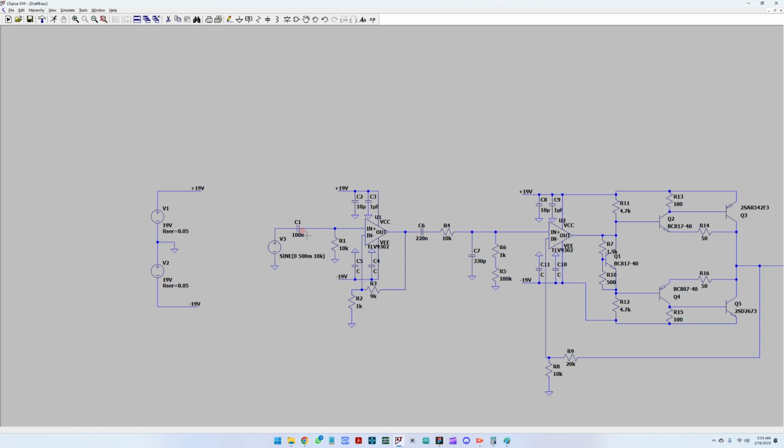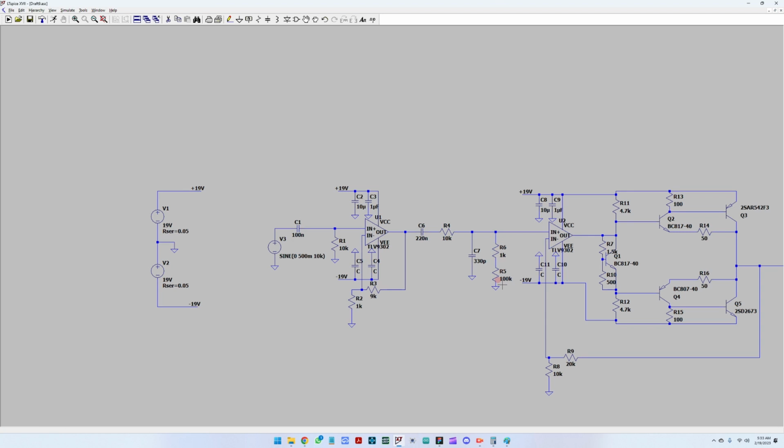The isolation capacitor here, 100 nano, will remove the DC component from the input. It goes into an operational amplifier here with amplification of 10, then into a high pass filter designed to filter the low frequency signal, then into a low pass filter designed to filter the high frequencies.